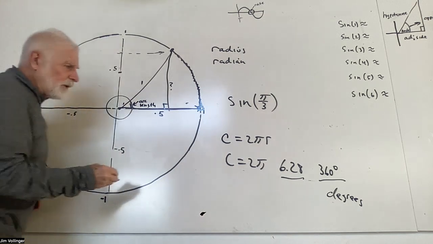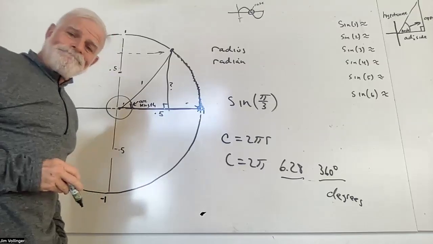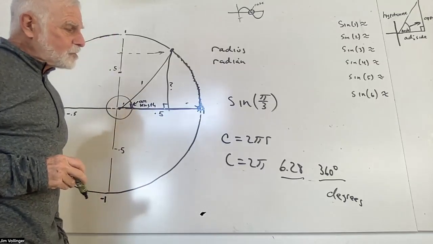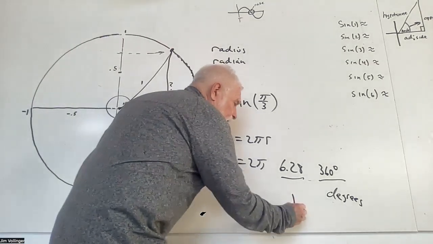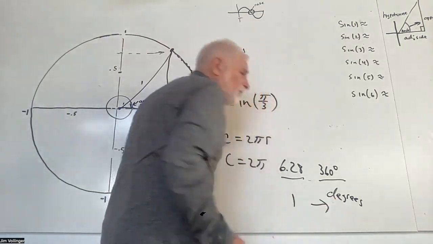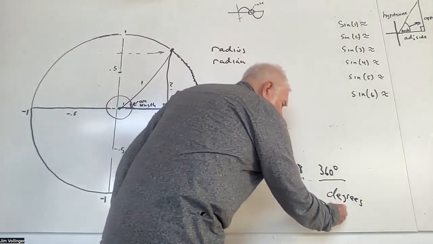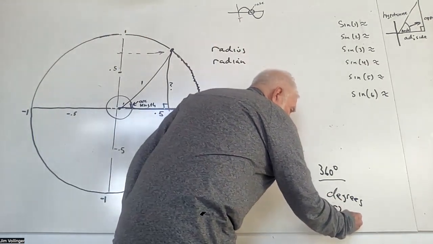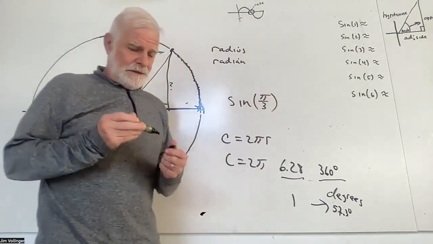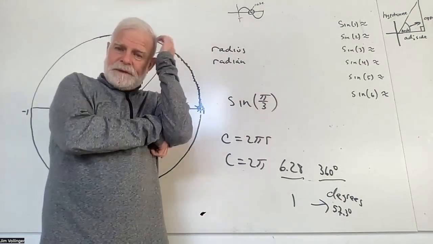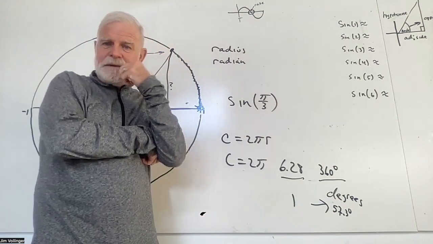So 6.28 corresponds to 360 degrees. How does 1 compare to 360 degrees? If you play around with that, it's about 57.3 degrees. And so we have 2 language systems for measuring angles now.